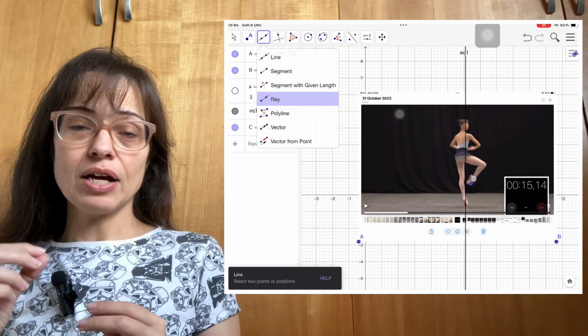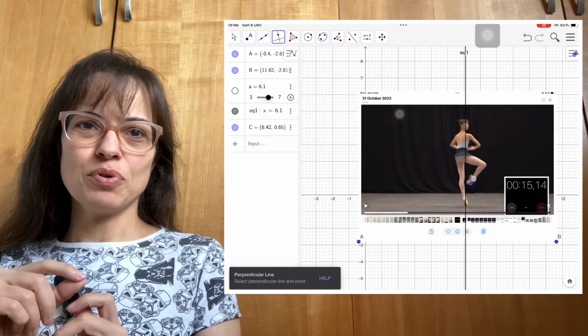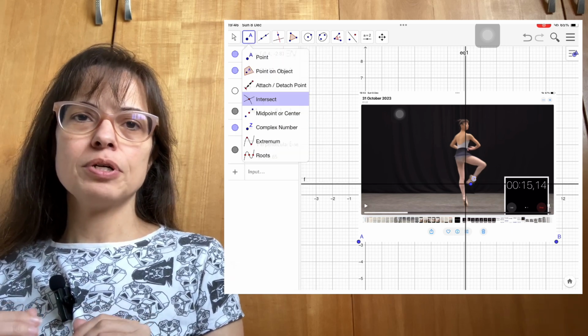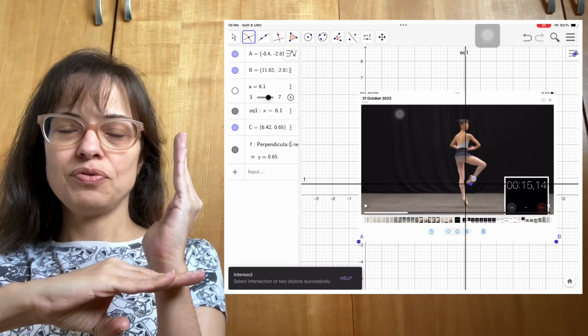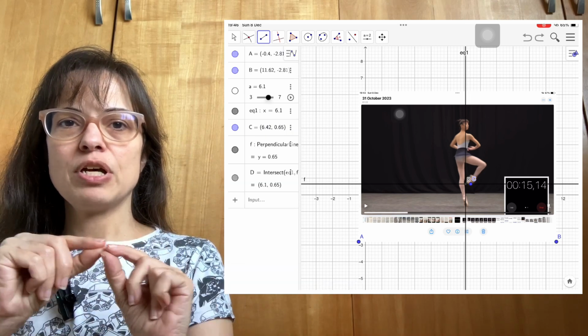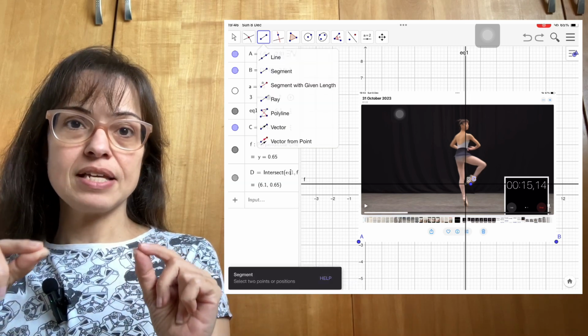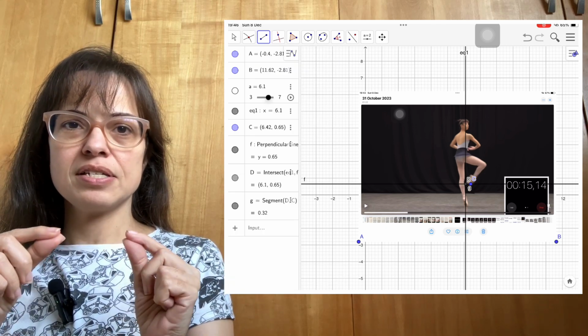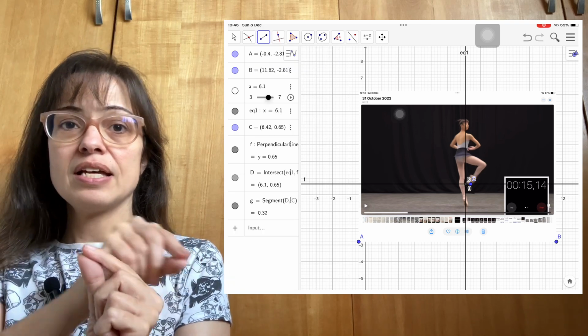So then after that, I also put another point at the tip of her other foot, the one that is spinning, and then I put a perpendicular line to the vertical one just so that I can measure this horizontal line segment here. This is the thing that I'm studying, how this distance changes as time goes by.